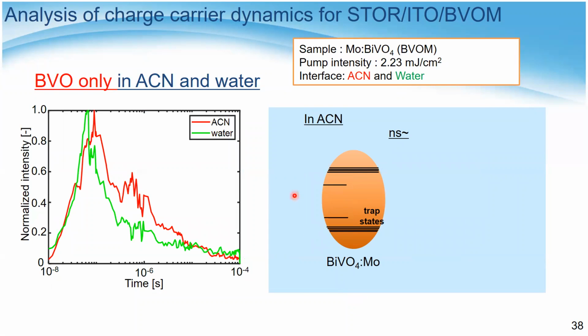To assign each of the processes, we studied each of the materials. First, the bismuth vanadate sample. In acetonitrile, first the excited charges are trapped, and then in acetonitrile, the charge transfer is prohibited. That's why the recombination happens.